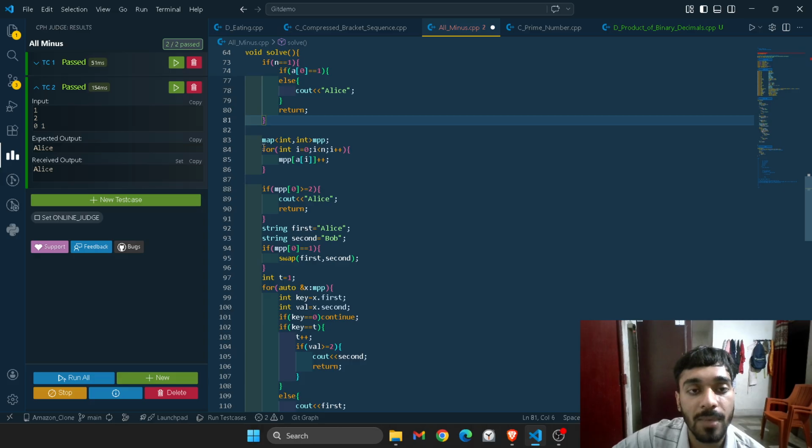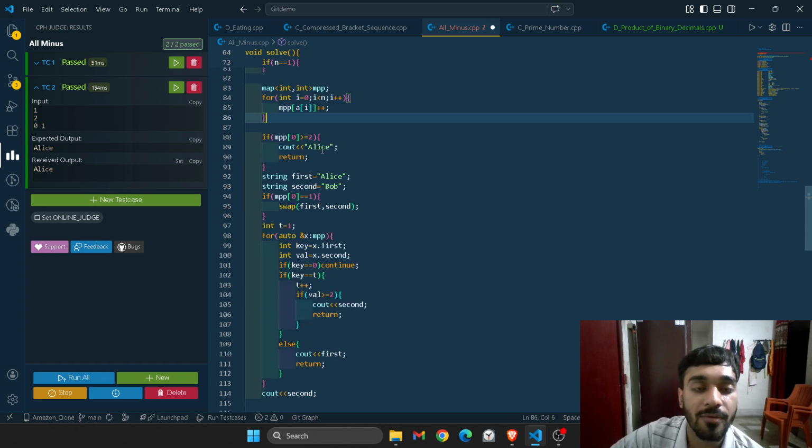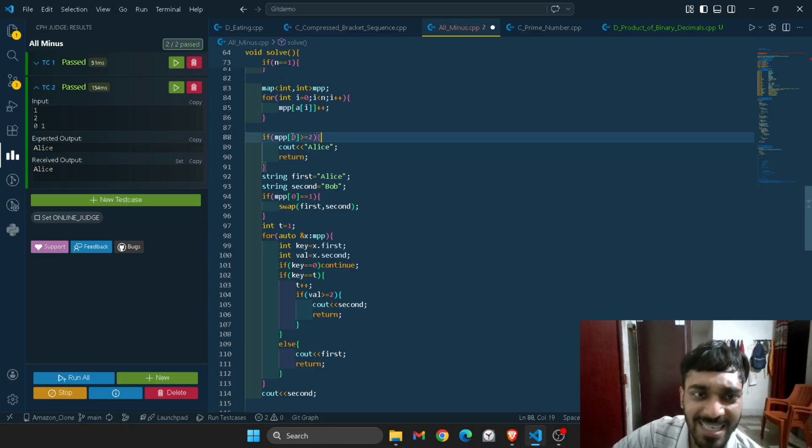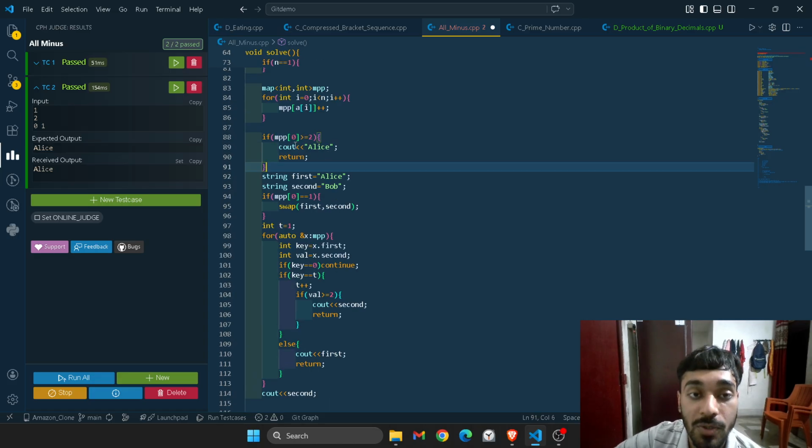Then I have basically counted the frequency of every element. And this is the interesting case: if initially the count of 0 is greater than or equal to 2, the first person Alice is going to perform the move, so Alice will win. But now, let's assume that the array initially does not contain more than two zeros, and the count is 1.